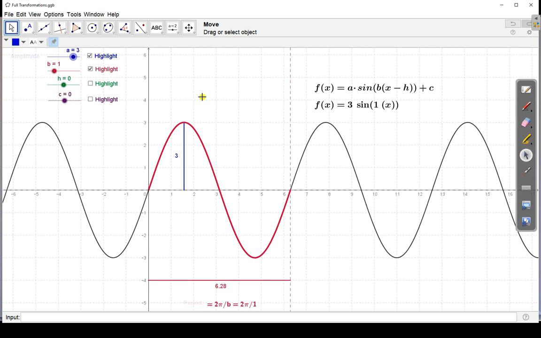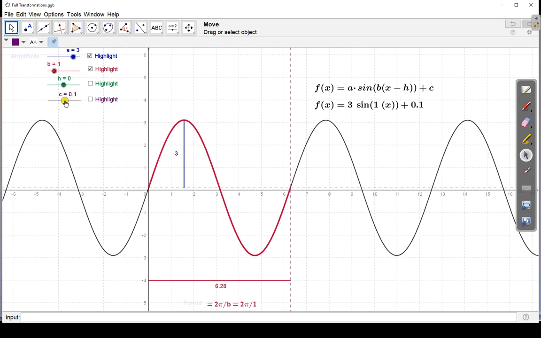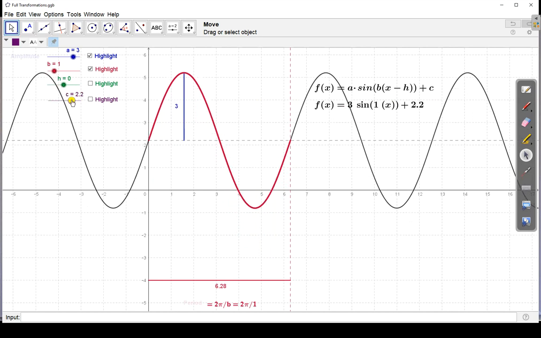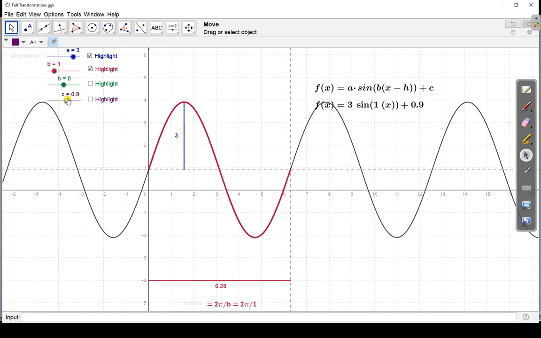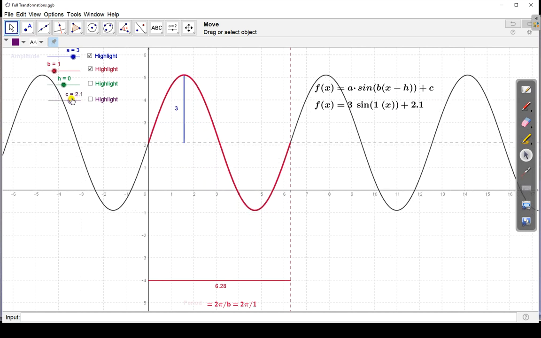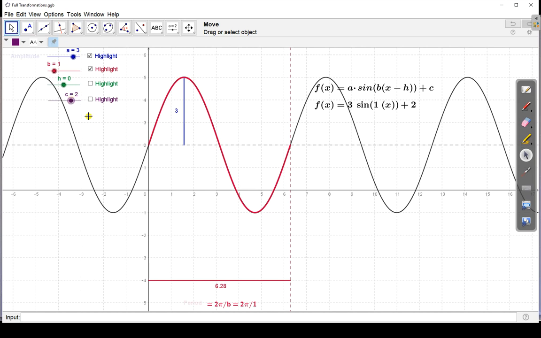Now the c value. If I change my c value, you can see that moves the graph up and down. So if I move it right on the 2 there, now my equation has a plus 2 at the end, and now we have this midline, this line through the middle of the wave, and it's up here at y equals 2.